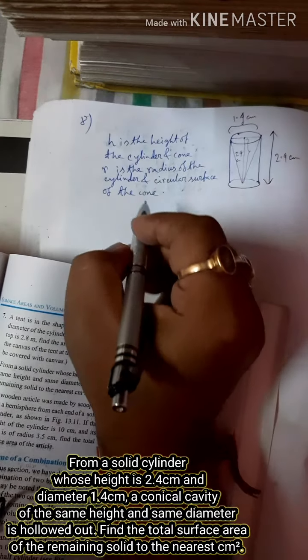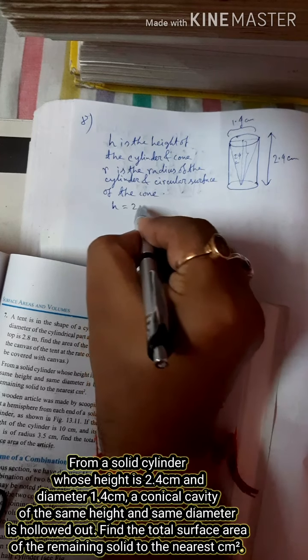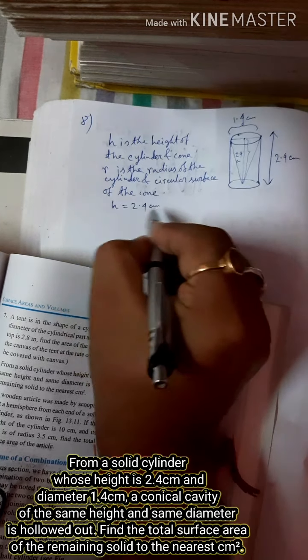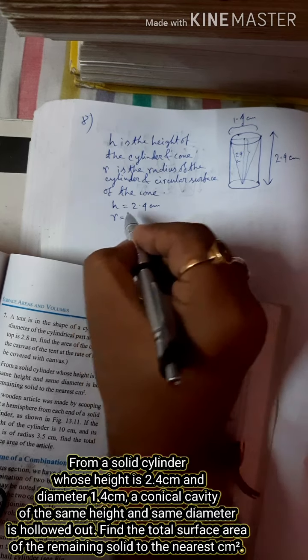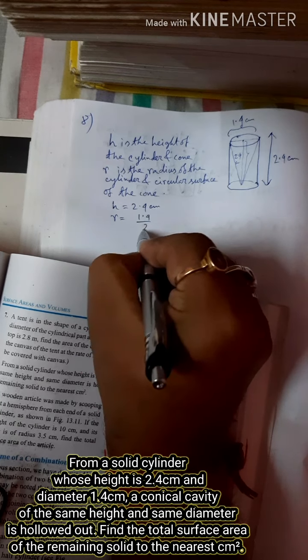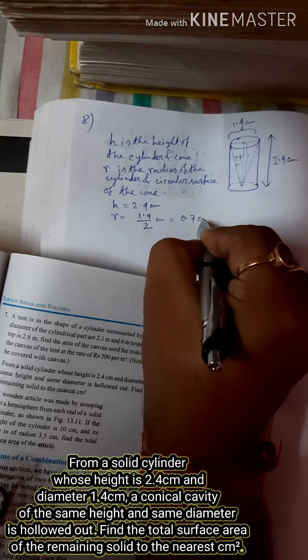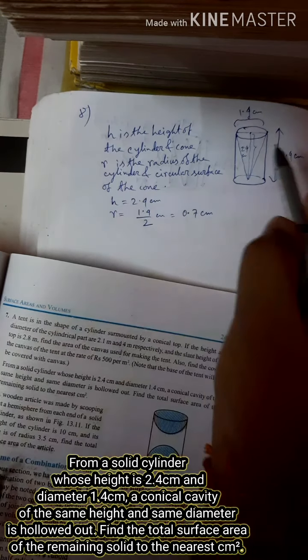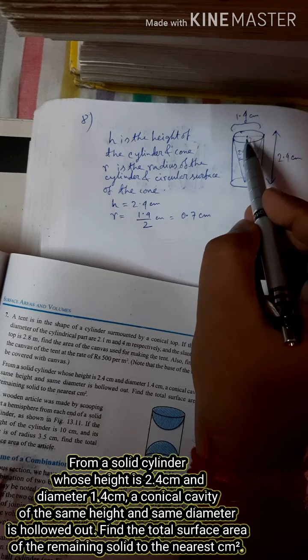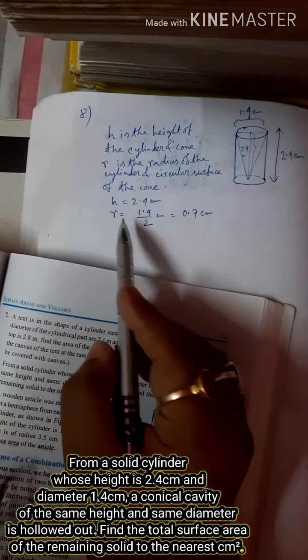Okay, so here h will be equal to 2.4 centimeter, it is given, and r is equal to 1.4 by 2 centimeter, that is 0.7 centimeter, because the diameter was given as 1.4 centimeter, so radius will be half of that, right?